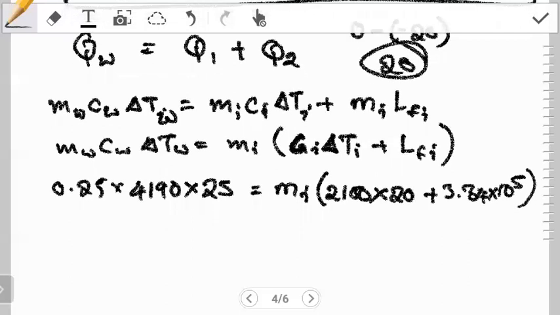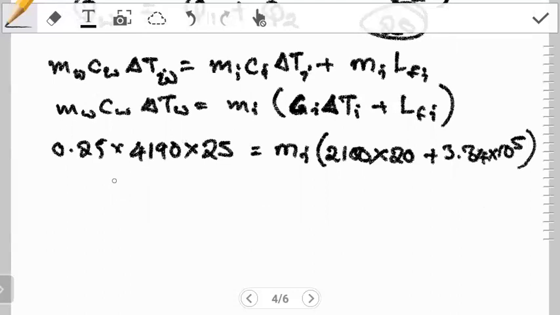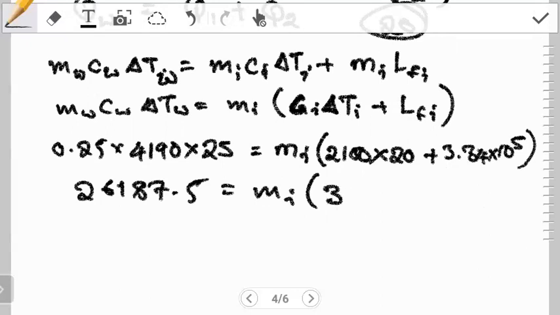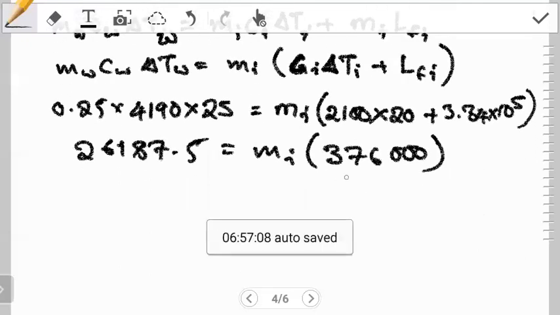So if you simplify this, you notice that what you get is 26187.5 equal to the mass of ice. And if you simplify what is in the brackets here, you get 376,000. Divide both sides by this factor.